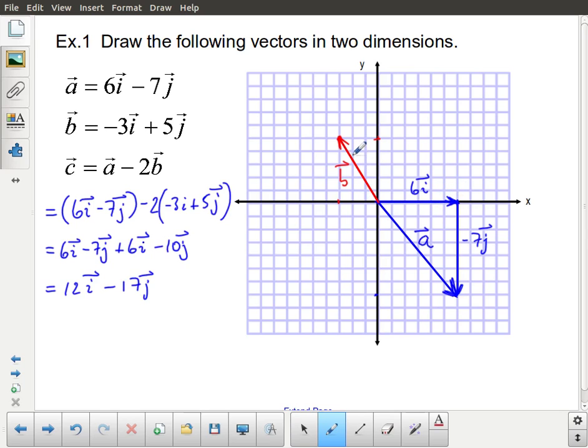And we can see that if this is my b vector, then minus 2b is actually taking me 2 of these down in this direction. So it would be taking me off down in that direction. And you can see where that is going to end up: 12i is going to be around here somewhere, negative 17j is going to be down here, and then those are going to meet at the destination.